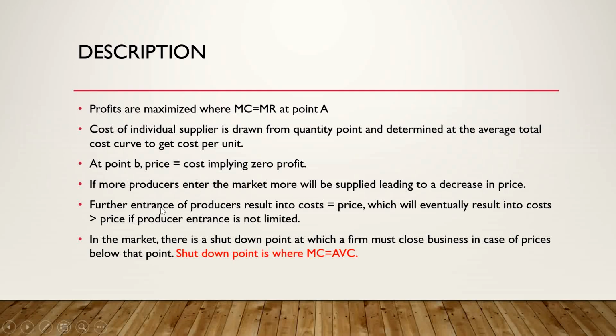And if more producers enter the market, in other words, if producers keep bringing more supplies into the market, definitely it will make the price go down. Remember the law of demand and supply. We're saying when supply is at high levels, demand will keep reducing and prices definitely will also be affected.